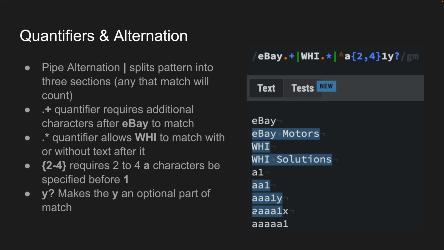So these 3 in the middle match because this one has 2 A's, this has 3, this has 4, and they all have the number 1 after it. And this one actually has the letter Y as well, which was optional, but because it's there, it's included in the match. This one has the letter X after it, which isn't part of the match, but because the Y was optional, this is still considered valid.